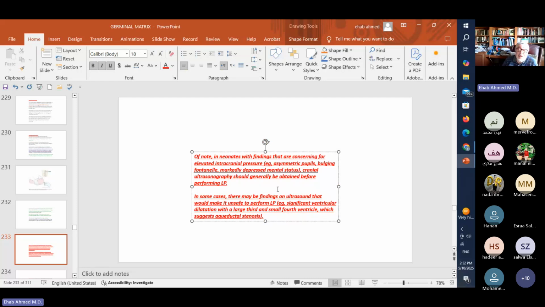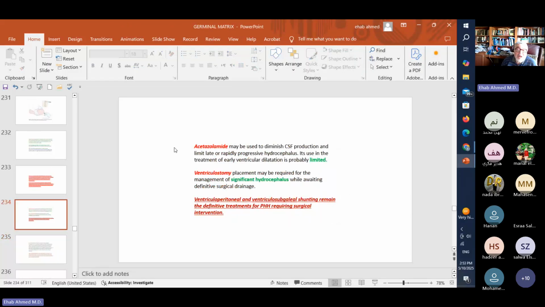If you do LP and the stenosis is massive with non-communicating hydrocephalus, it will not be of any help, or it could be unsafe if there is a rush of the CSF from these dilated areas through the stenotic aqueduct. Okay, so if you insist on doing serial LP, do ultrasound each and every time.